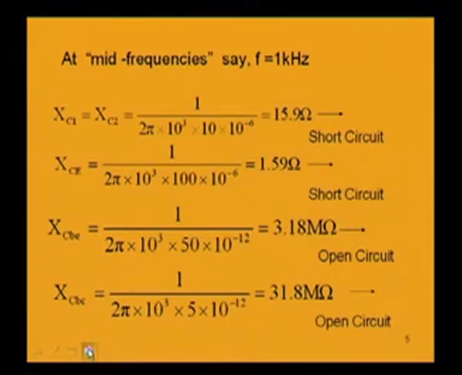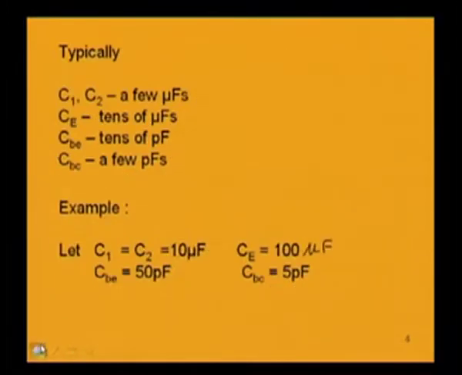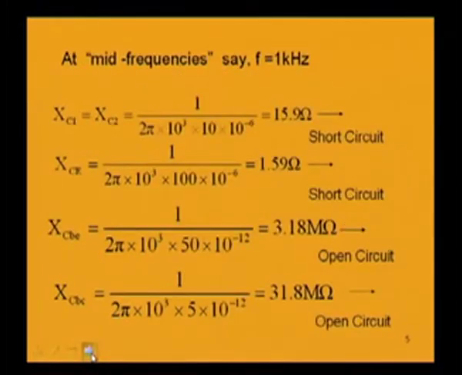Now coupling capacitors are offering a capacitive reactance XC1 and XC2 which are equal, because we are taking equal values of C1 and C2, 10 microfarad. So the value of this capacitive reactance will be 1 by 2 pi fC. This is the value of reactance offered by a capacitance.